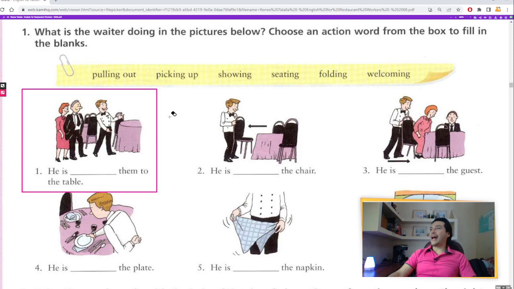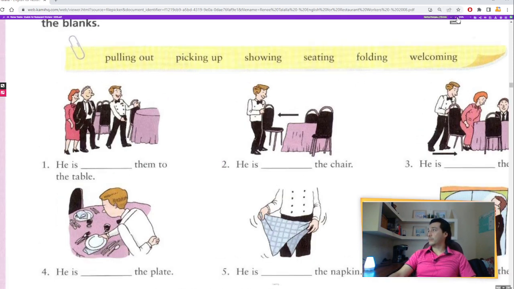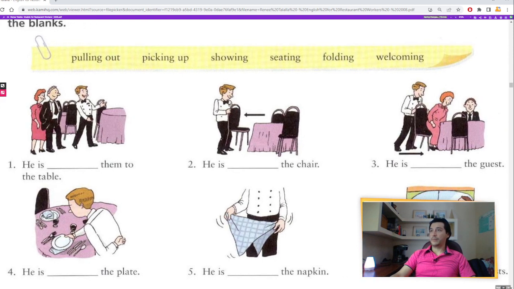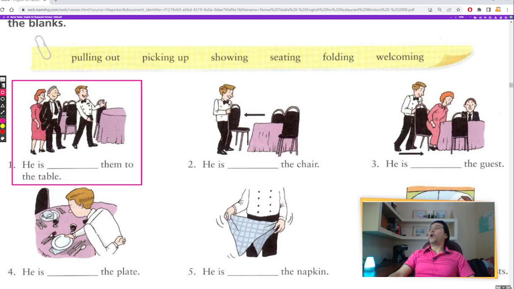Picture number 1. Ready? Look at picture number 1. He is blank them to the table. What's going on?